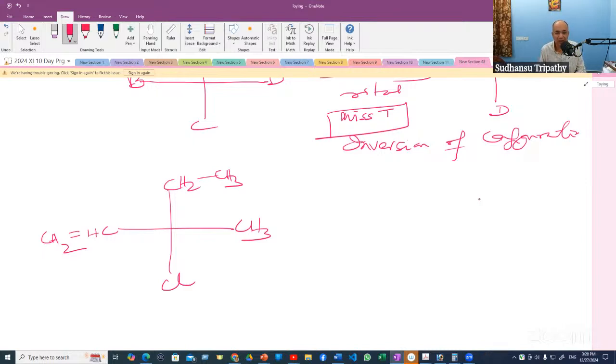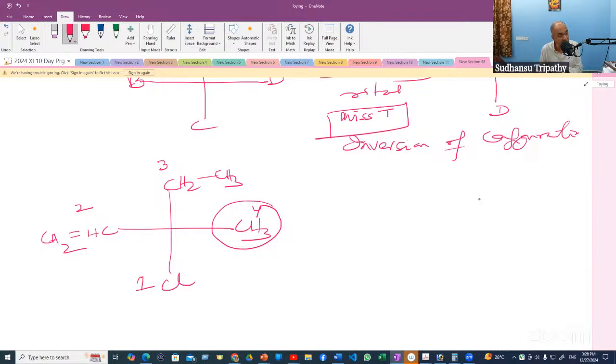Now number 1 is chlorine, number 2 is vinyl, number 3 is ethyl, number 4 is methyl. But now the least priority group occupies a horizontal position above the plane of the paper. So will you apply directly to this Fisher formula, or you will bring the methyl group to a vertical position? What do you want?